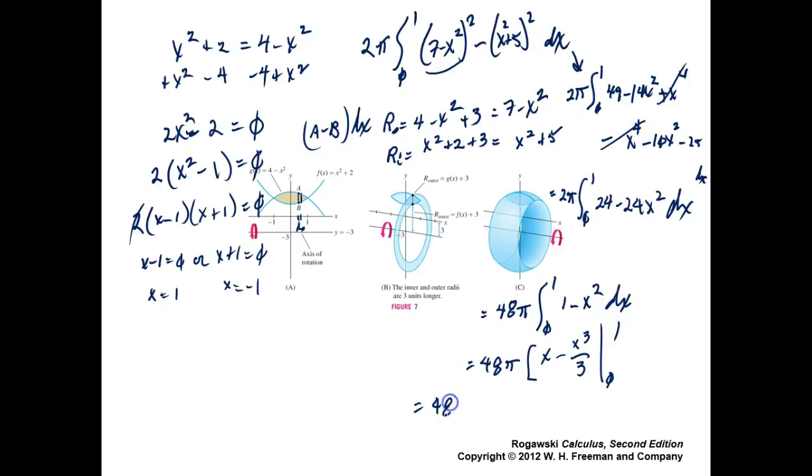That'll be 48 pi times 1 minus 1/3, which is 2/3. Okay, will 3 go in the 48?